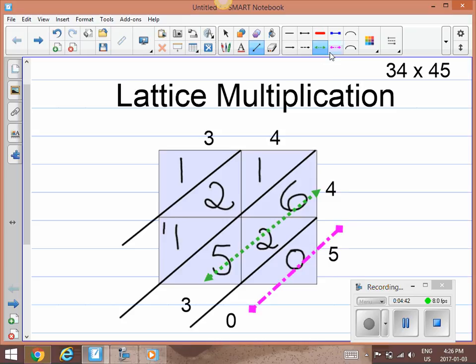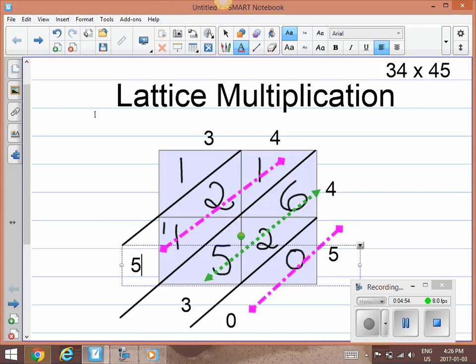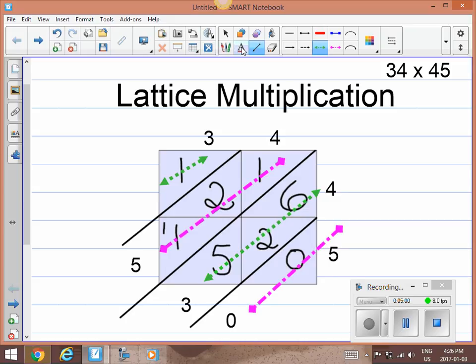Then we'll look at the next diagonal, which is 1 plus 2 plus 1, and then the one that we brought over from that 13, which is 5. And then the 1 on its own is 1.